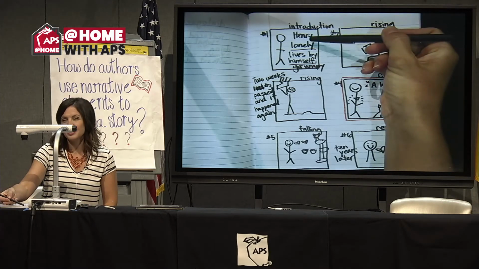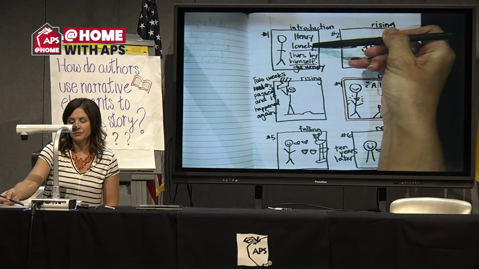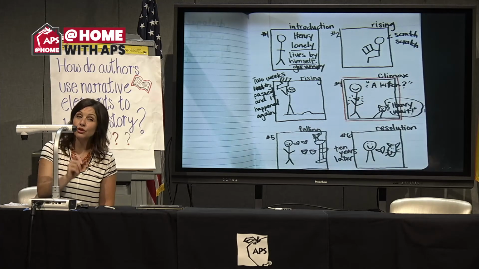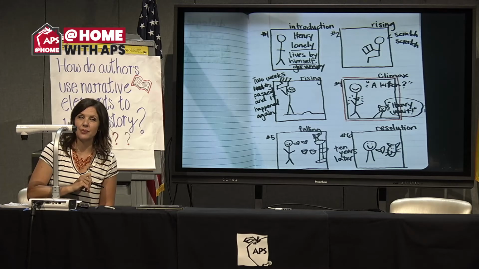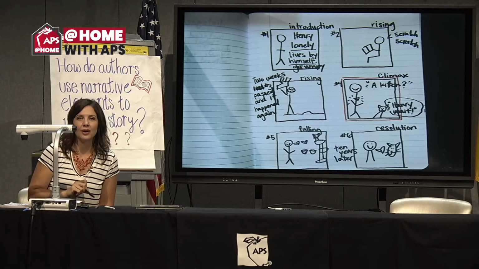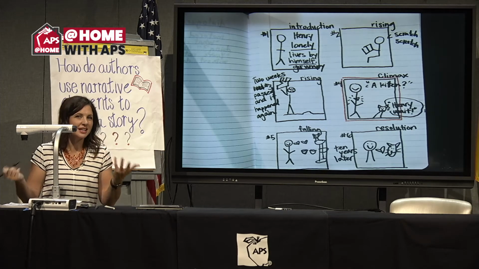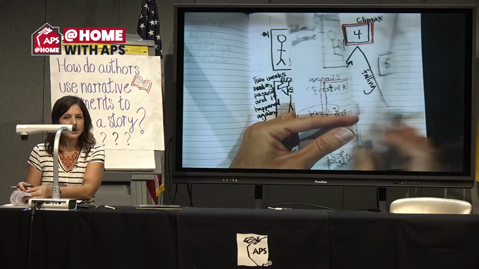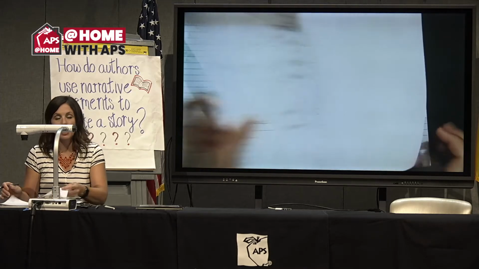So starting with scene 1, I want to introduce my readers to the character. If you are writing about this story as well, think about your character. What is the character's name? So let's use a chart to help us organize our thoughts.